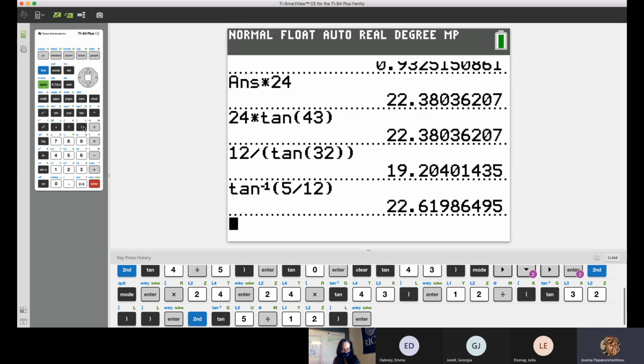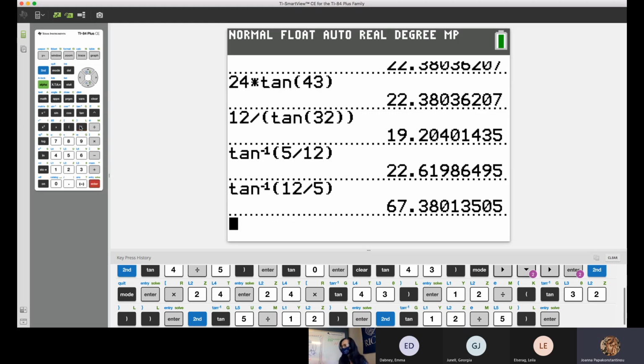Now you find me the measure of angle B based on the inverse tan. You find it. I'll do it at the same time, and let's see if we get the same answer. What did you get? Yay!